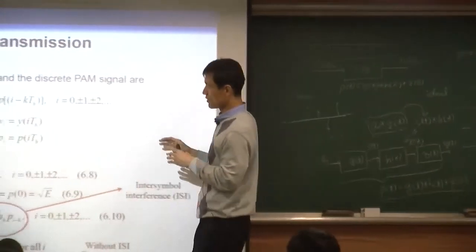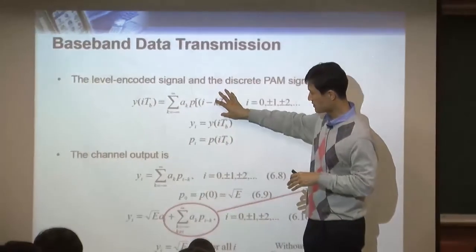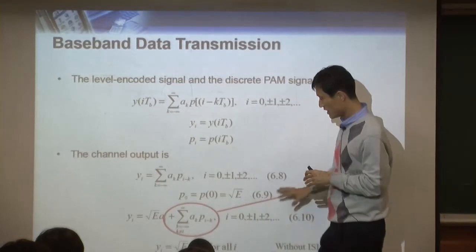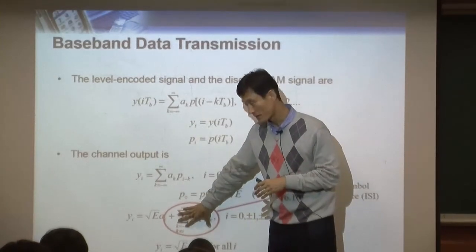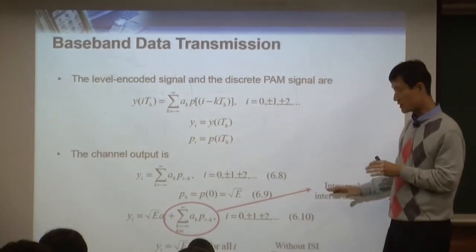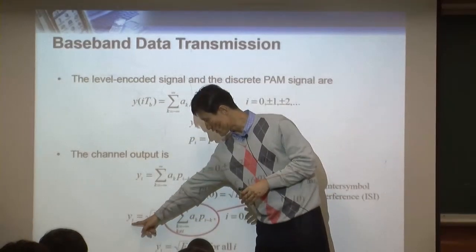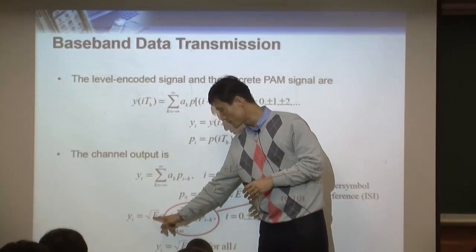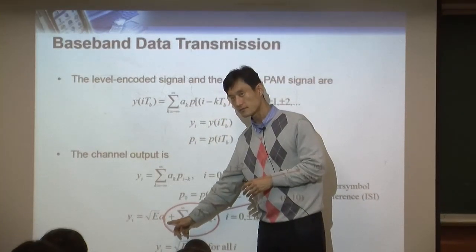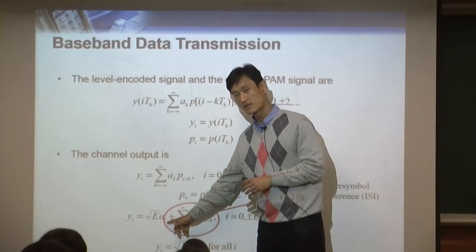So in order to avoid intersymbol interference, we need to make this term 0. If this intersymbol interference is 0, what that means is, let's look here: y_i equals some constant times a_i. What is a_i? That's input.